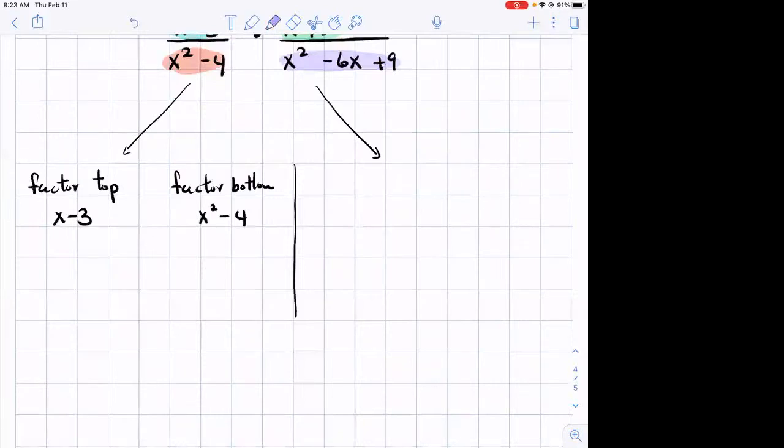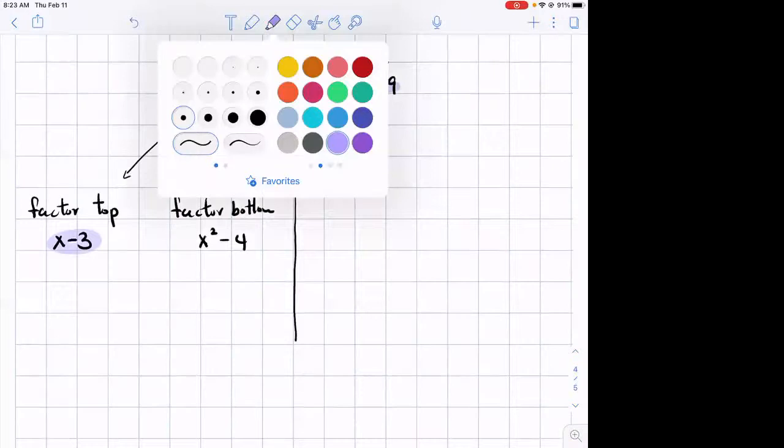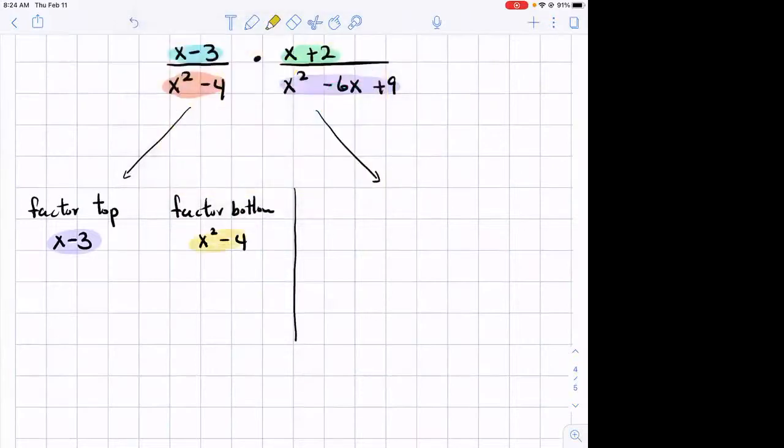Well, there is no GCF here, so the top cannot be factored. But the bottom can be factored, because it's the same as x squared minus 2 squared, which is x minus 2 times x plus 2. Difference of squares.